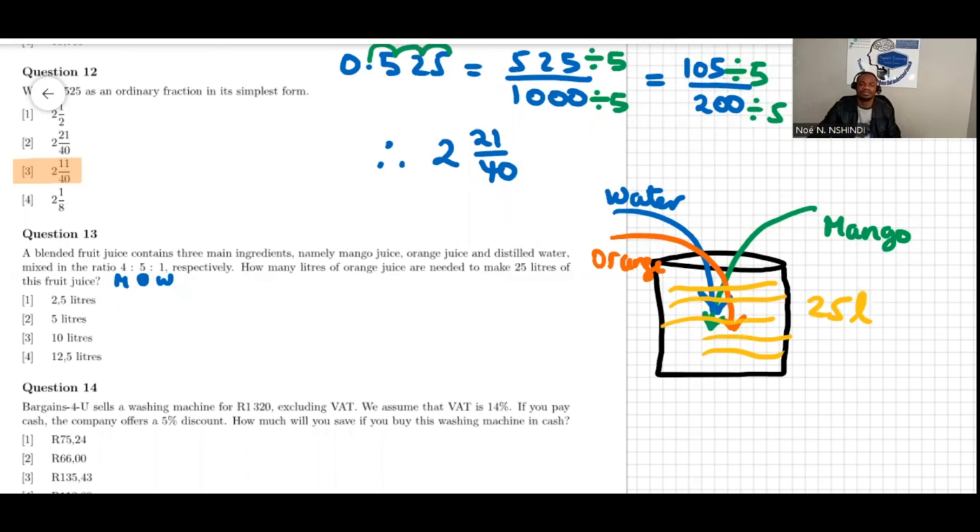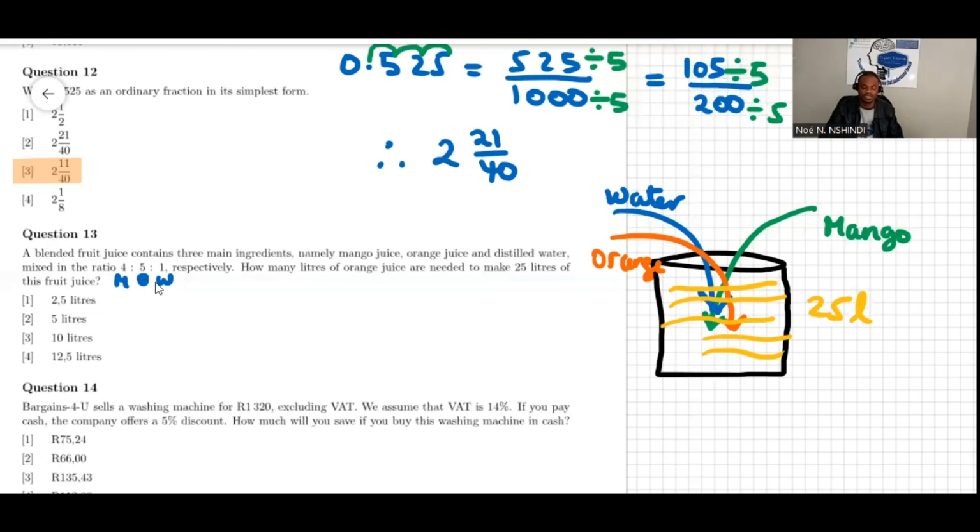Now they said the ratio is, for every 4 liters of mango, we put 5 liters of orange, and then 1 liter of still water. The total here is going to be 25 liters. So how much orange juice did we put in to have a total of 25 liters?